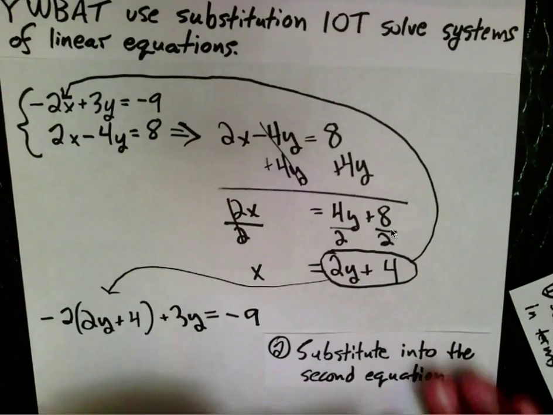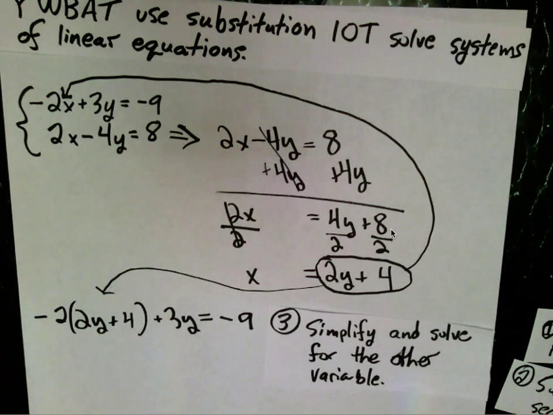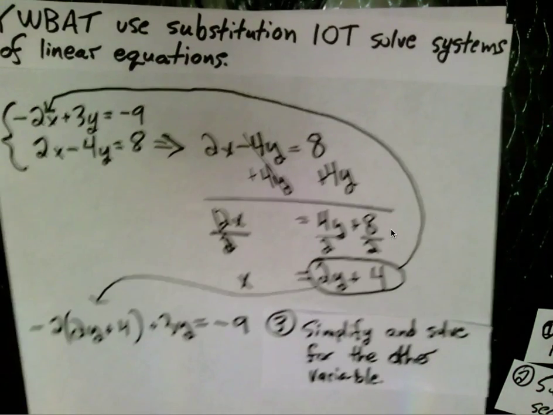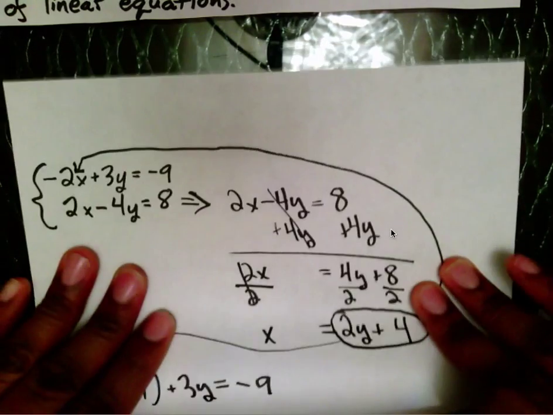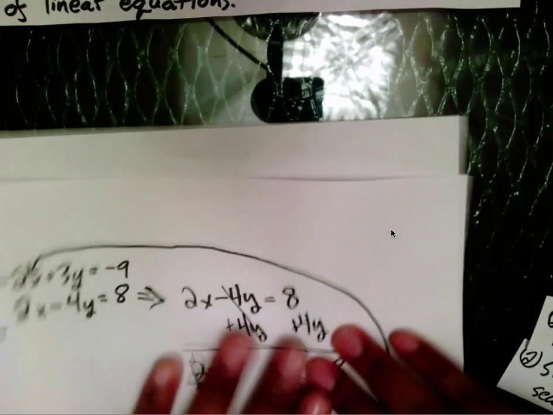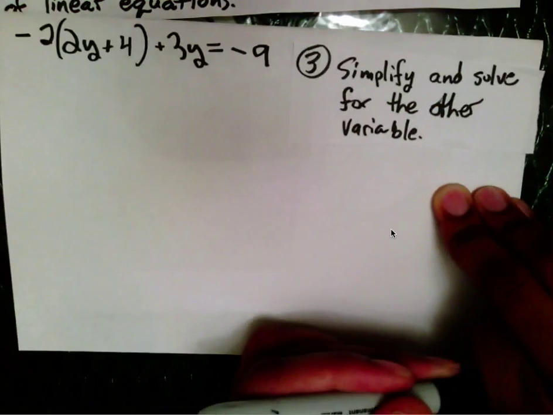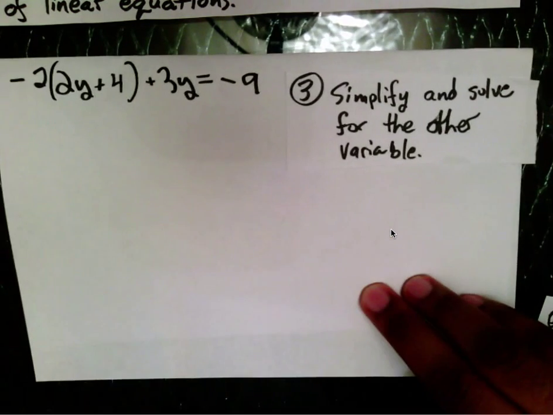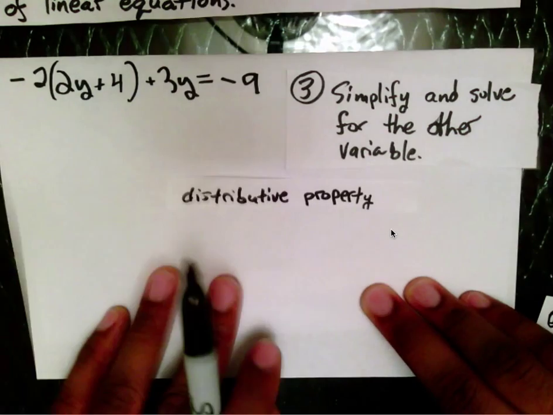Now, my next step, I'm going to simplify and solve for the other variable. I'm going to simplify this and solve for y. So I'm going to distribute that negative 2 using the distributive property.